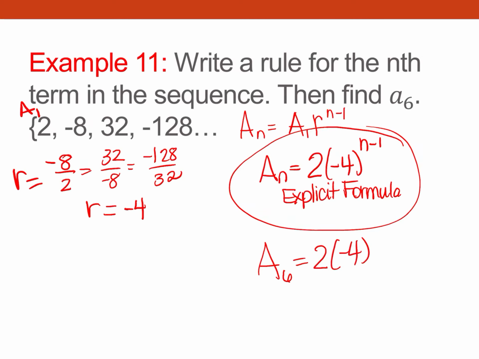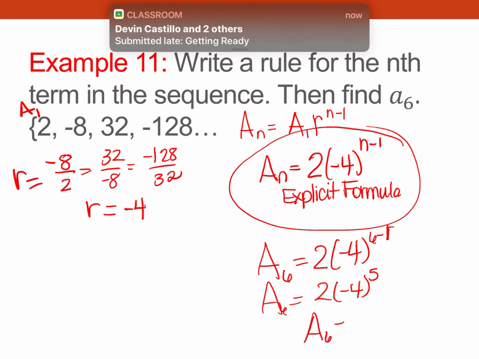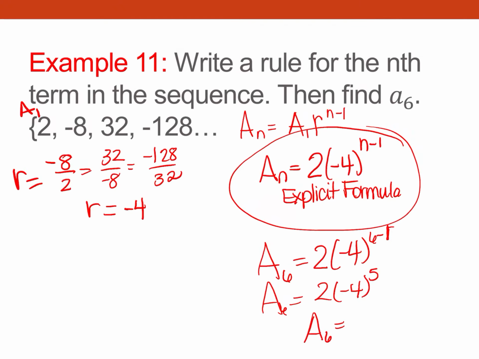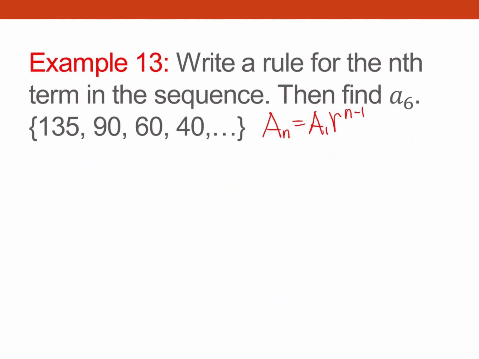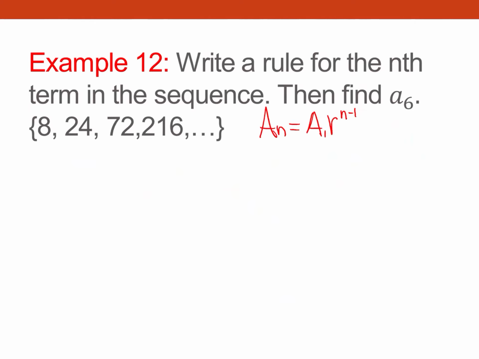So 2 times -4 to the 6 minus 1. I almost wrote a 5 there, because 6 minus 1 is 5. So we get our sixth term is equal to -2048.